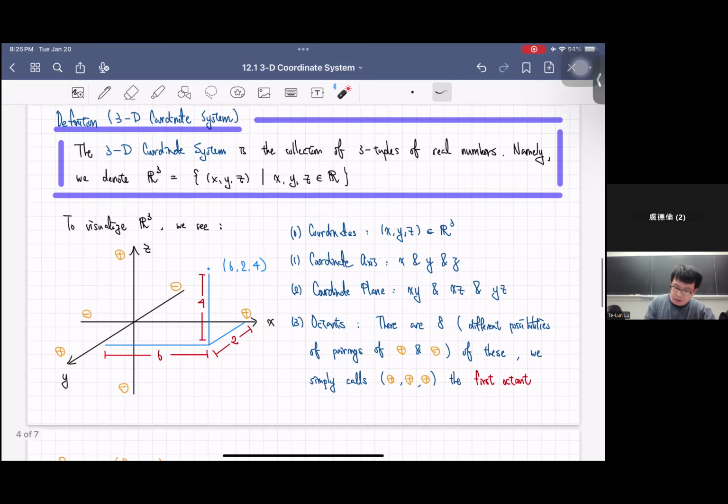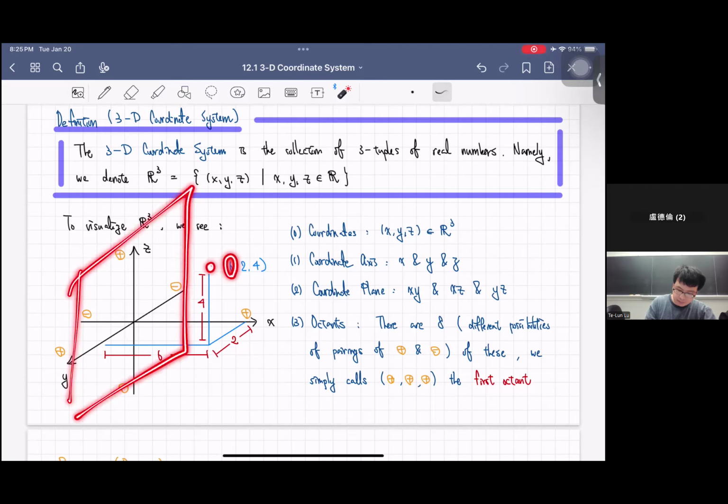To be precise, we can describe this 4 as a more rigorous quantity. This 4 is not only the height of this point, it is actually the distance of this point to the xy plane. Similarly, 6, which is the x-coordinate, is the distance from this point to the yz plane, which is this plane.